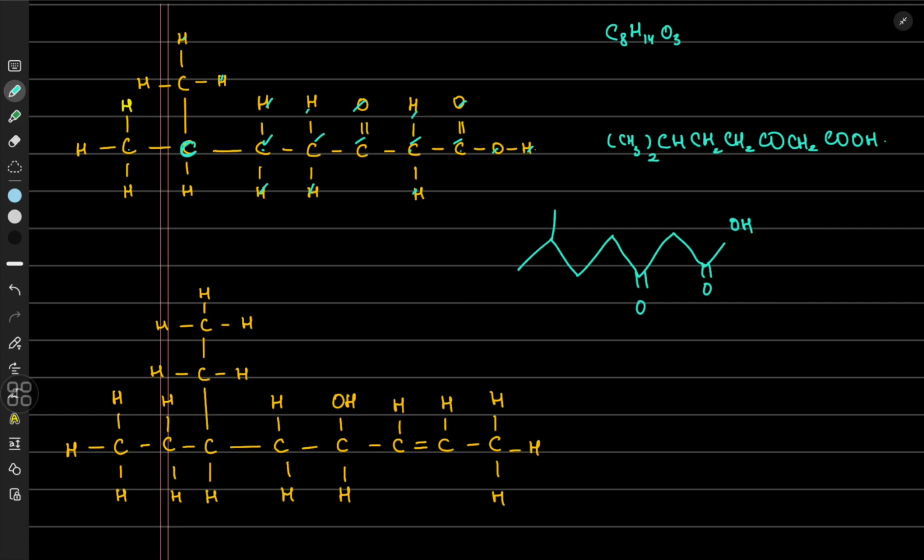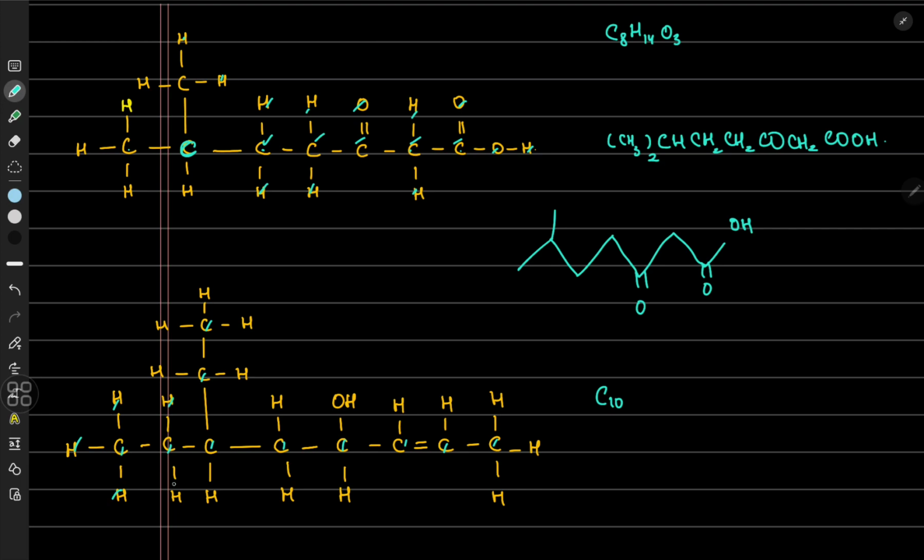Alright, now let's go with the second compound. Let's count the number of carbons, hydrogens, and then oxygens. 1, 2, 3, 4, 5, 6, 7, 8, 9, 10, so C10.